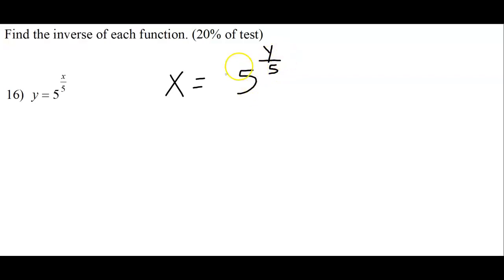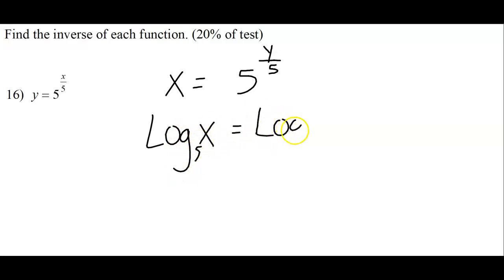Now to get the y by itself, I want to get rid of this 5 base here. The way we're going to do that is by logging both sides with a base of 5. So it's going to be log base 5 of x is equal to log base 5 of 5 to the y over 5.